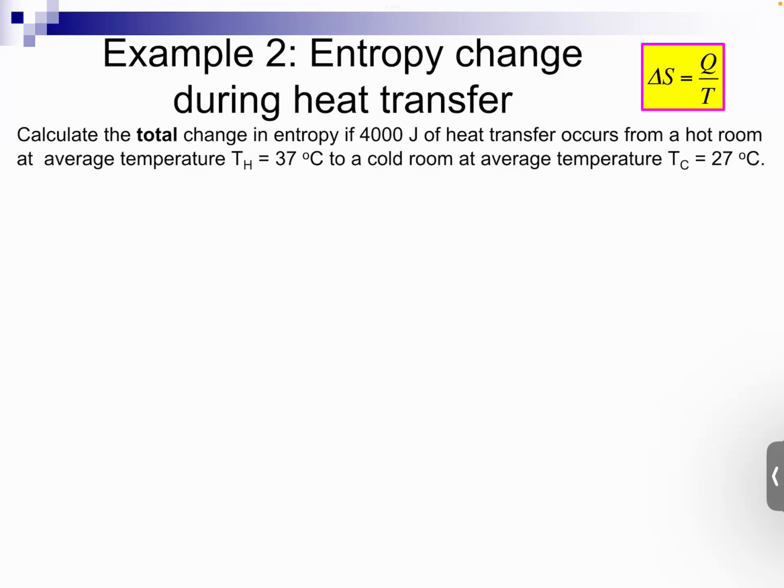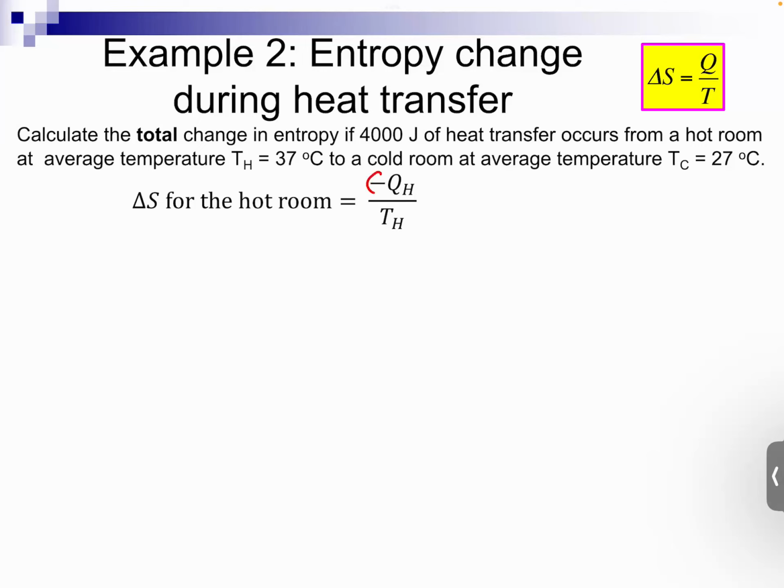You have two objects here, the system and the environment, so you have to get the change in entropy of each: the change in entropy of the system and of the environment. For the hot room, the change in entropy is the amount of heat that's lost divided by the temperature of the hot room.